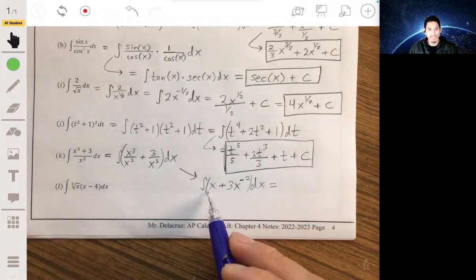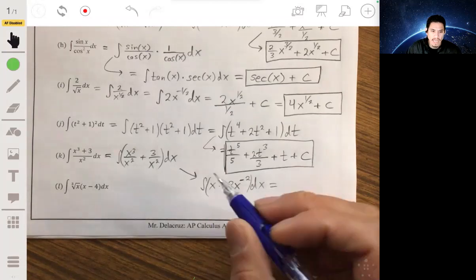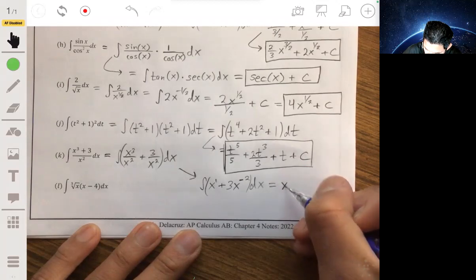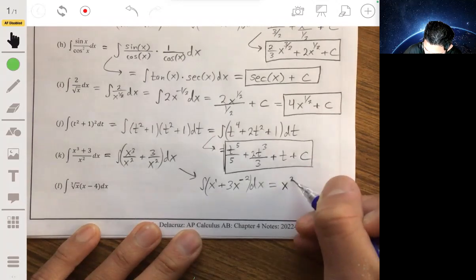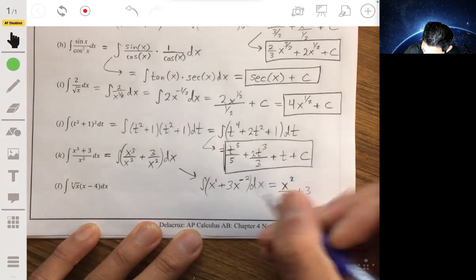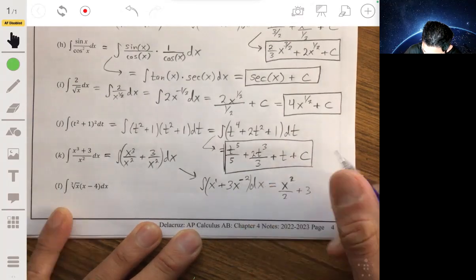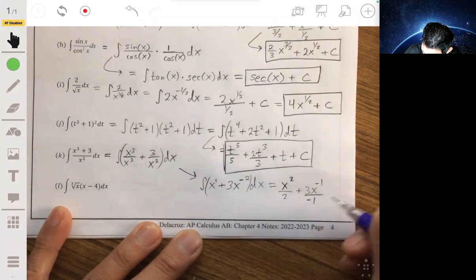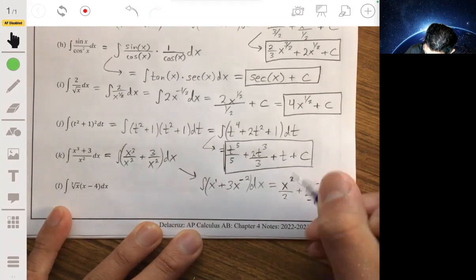And then we can just integrate term by term. x is the same as x to the 1, so adding 1 to the exponent would be 2, dividing by 2, plus 3x, adding 1 to the exponent, 3x to the negative 1 over negative 1, plus c.